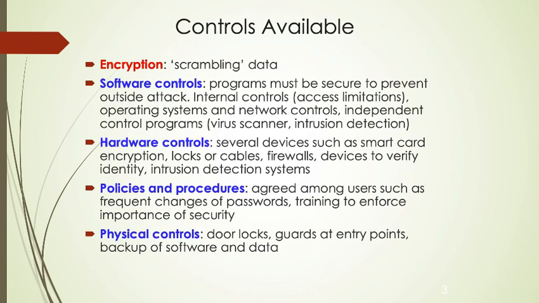There are also just policies and procedures like training the users how to use the system and enforcing some protocols. Some of the easiest and most effective and least expensive controls are physical controls, like just having locks on your doors, guards and entry points, taking backup copies of everything, and so on.